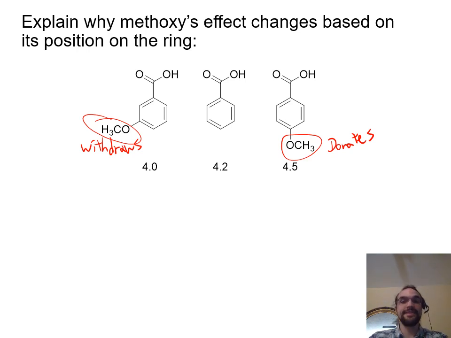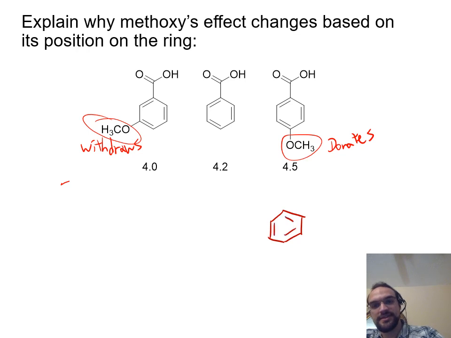So why this difference? On the previous slide, we drew this resonance structure for the conjugate base of the para-methoxy benzoic acid. Oops, let me draw that.